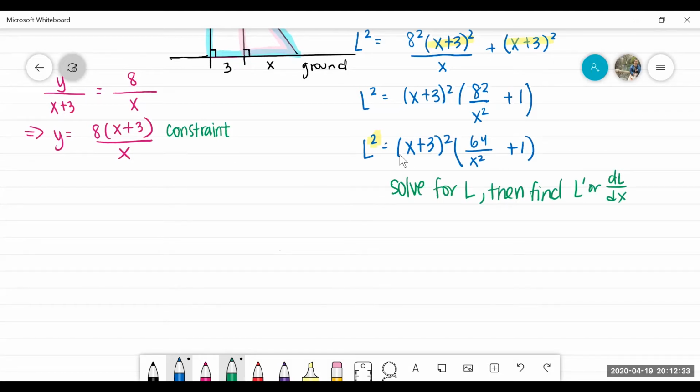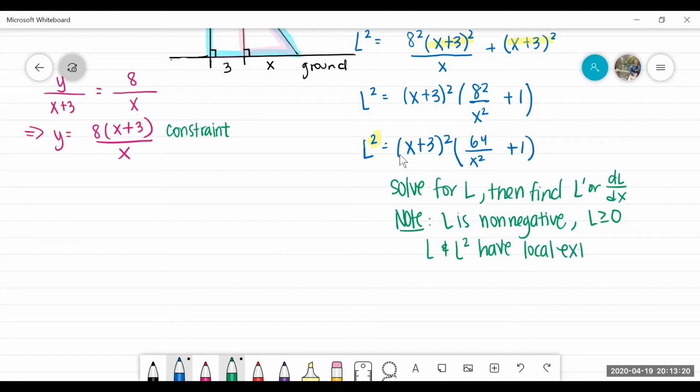Well, I want to point out, note, L is non-negative. This means that L is greater than or equal to 0. Because this is non-negative, L and L squared have local extrema at the same points.